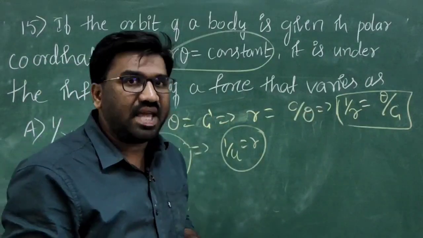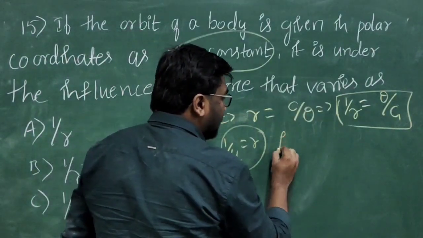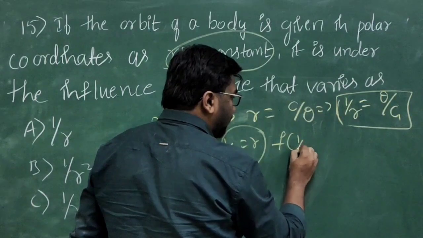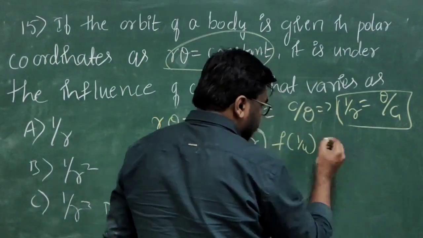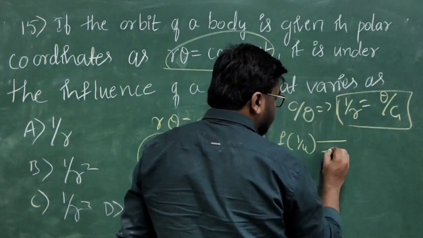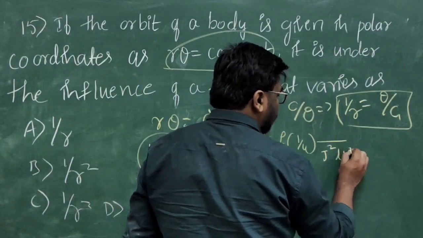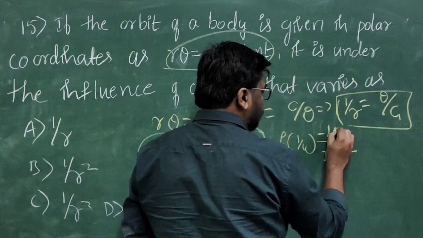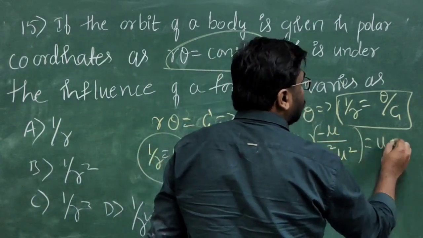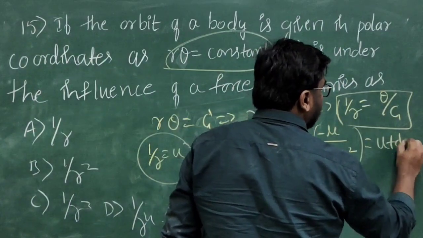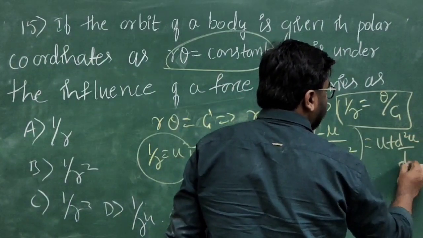But we have an expression: f of 1 by u divided by j square u square, minus mu, is equal to u plus d square u by d theta square.